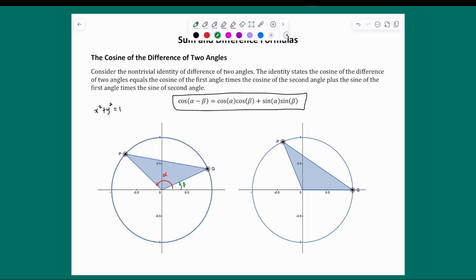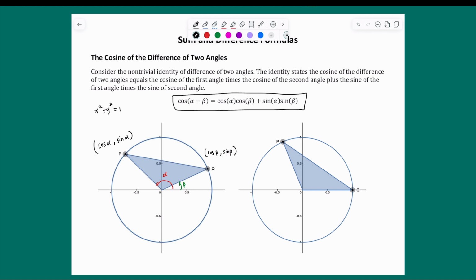And so these points would have coordinates. Since this is a unit circle, we know x is equal to the cosine of the given angle, and y is the sine of the given angle. So point P would have coordinates cosine of alpha and sine of alpha, and Q would have coordinates cosine of beta, sine of beta.